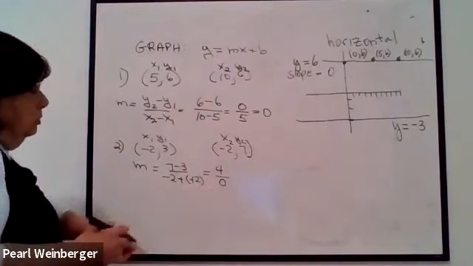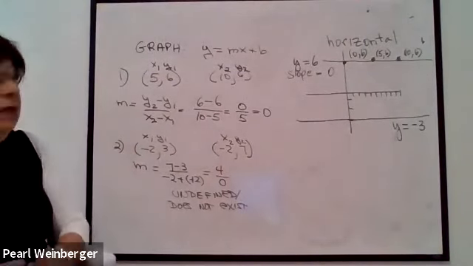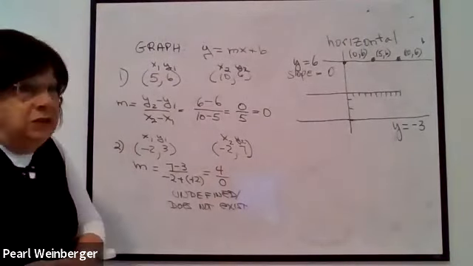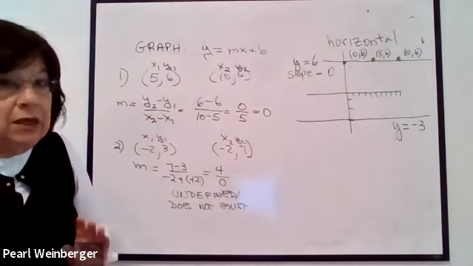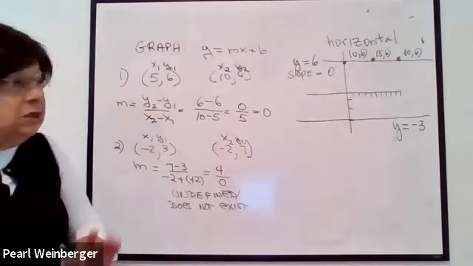So you could just use the term undefined, but what undefined means is that it doesn't exist. Right, 4 over 0 is not 4. 4 over 1 is 4. But 0 in the denominator is undefined. It doesn't exist. We can't use it.